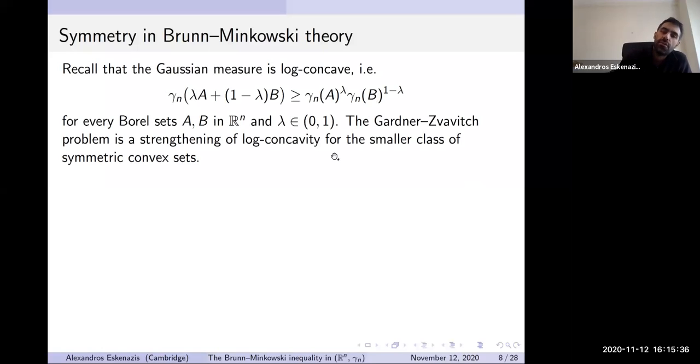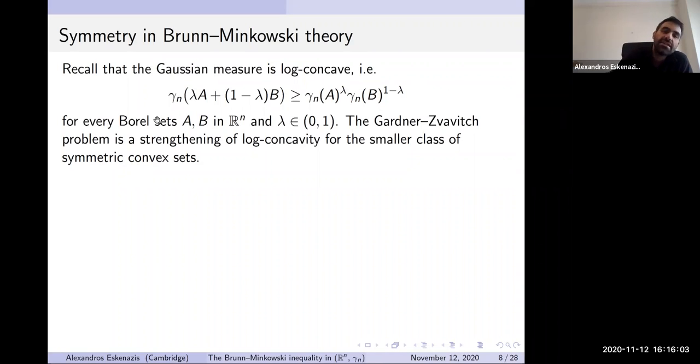The Gardner-Zvavitch problem is actually a strengthening of this inequality, which is just log concavity, for symmetric convex sets. You can formally see that if you have the concavity with power 1 over n, then this of course implies log concavity, by Jensen's inequality or something.